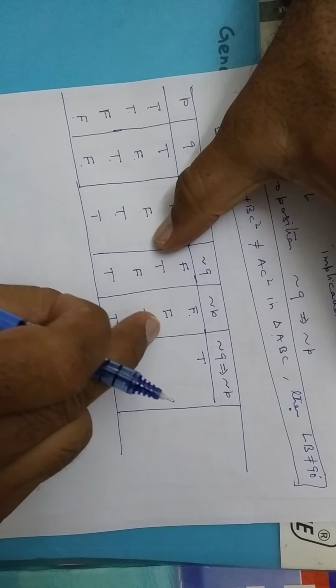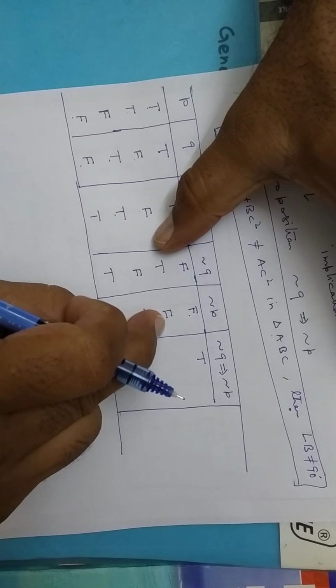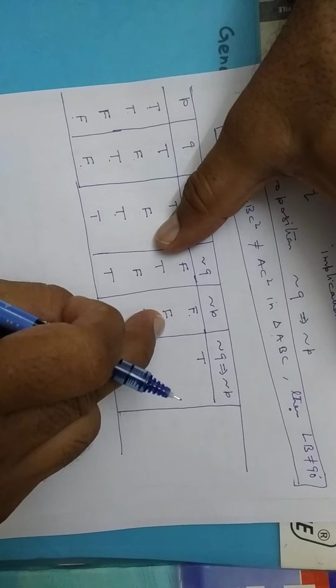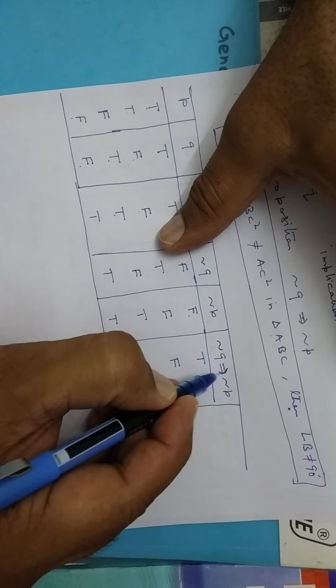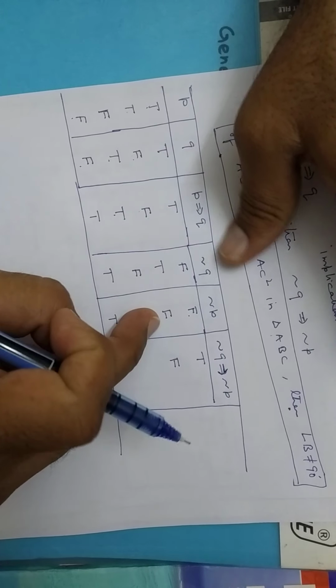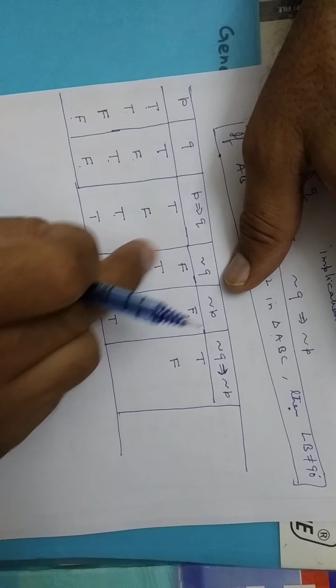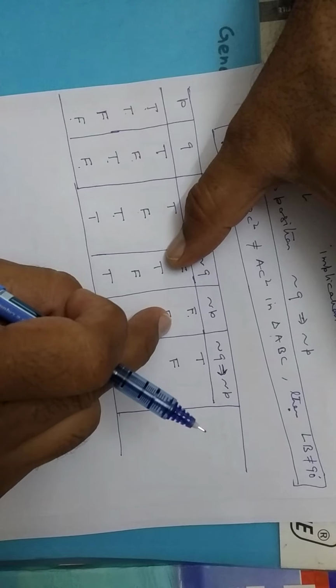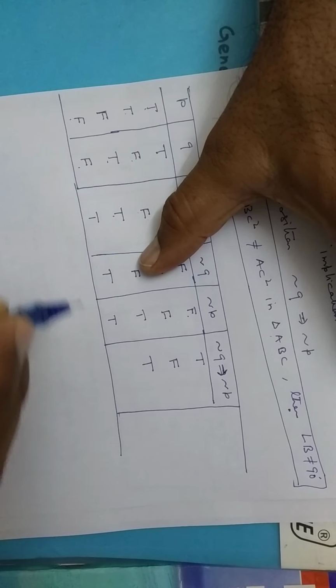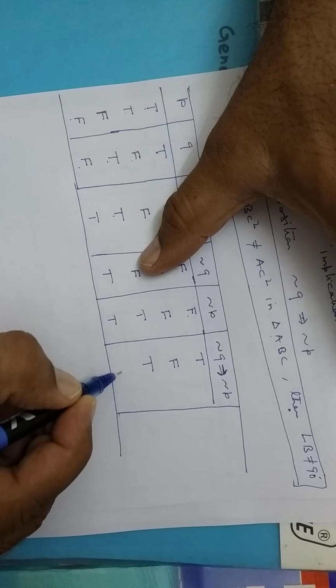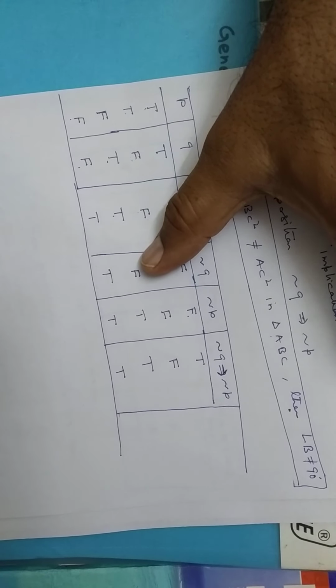This one is true and this is false, so this is false. Implications are if then. So if this statement is true, then this must be true. If this is false, this is true, this is true. This one is true and this is true, again true.